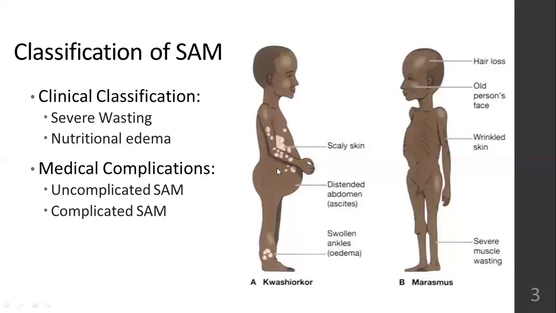Medical complications: you have uncomplicated severe acute malnutrition and complicated. Uncomplicated, usually at home you can solve. You don't require to get admitted in the hospital. You can visit the clinics or primary healthcare center regularly for follow-up, but no need to get admitted. So that is uncomplicated.